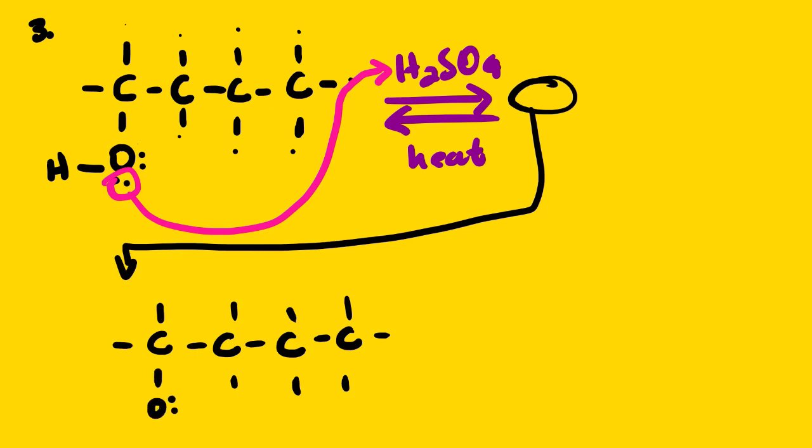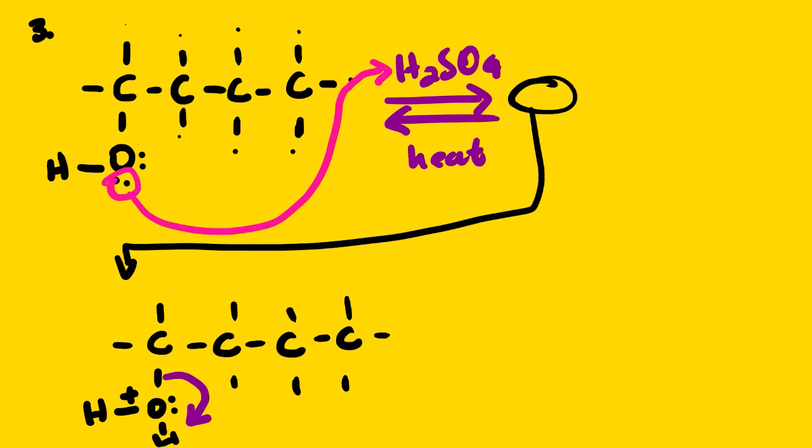So we have our good leaving group, which has hydrogen and hydrogen here. Then we are going to have a positive. And then from here, our water molecule will actually leave.